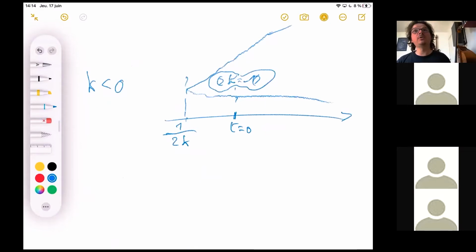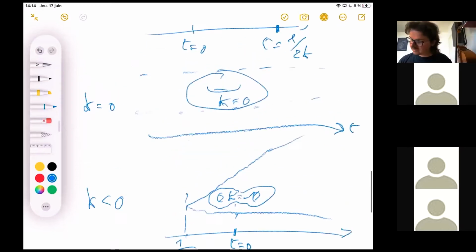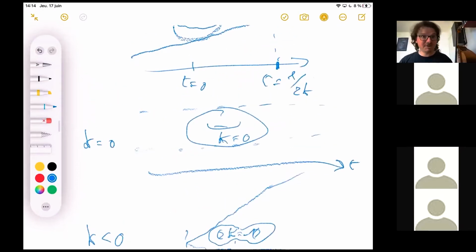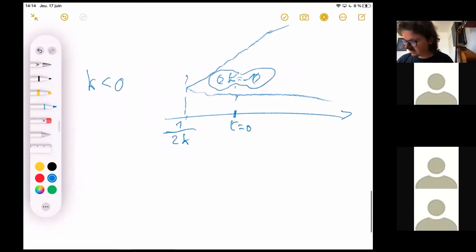Solutions which exist for all time in the future, like in this third case, are called immortal. And solutions which exist for all time in both directions are called eternal. And you see that the existence of such solutions on a manifold seems to be sensitive to the sign of curvature, though there are some, it's not that clear.